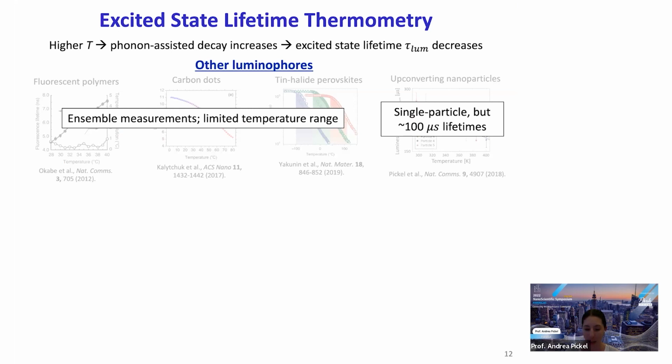And in many cases, the temperature range is also limited because these materials are targeted for biological applications. And so these upconverting nanoparticle measurements did use single particles, but because upconverting nanoparticles have long lifetimes on the order of hundreds of microseconds to milliseconds, they lack the high temporal resolution that we're looking for.